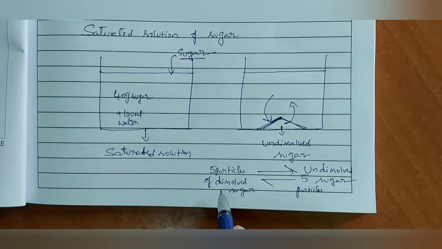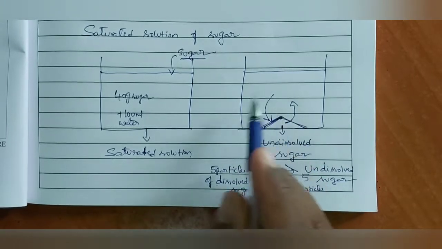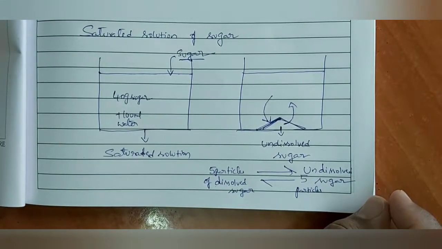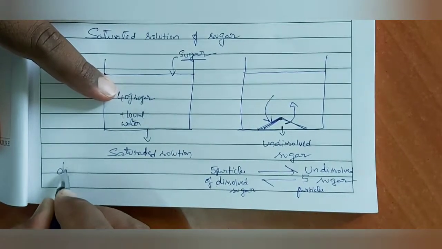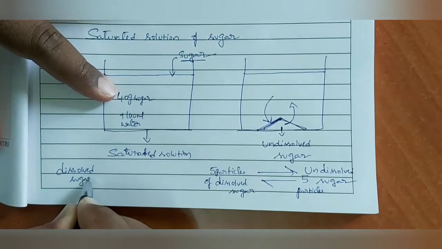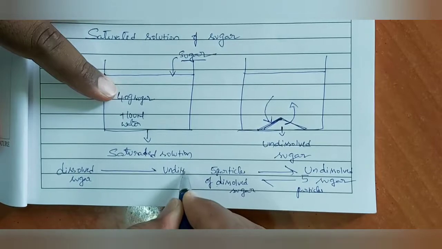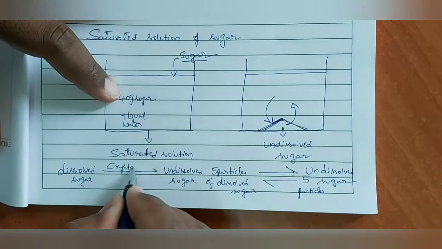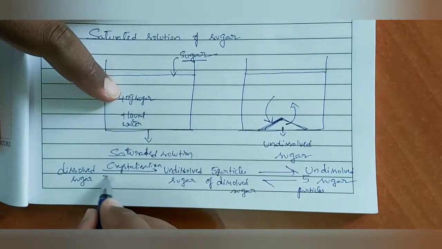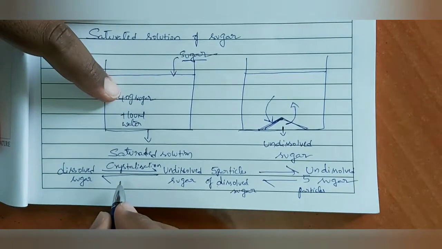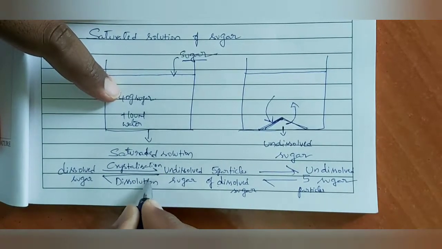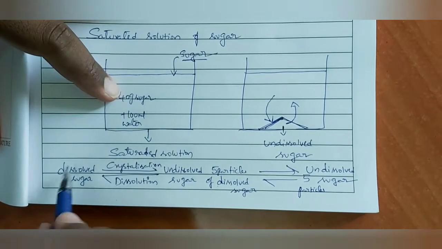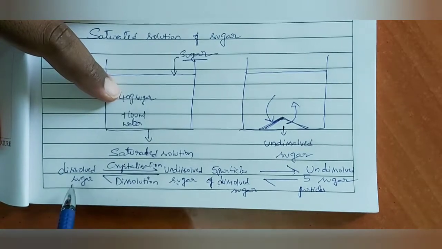Both the rate of crystallization and the rate of dissolution are the same at the time of equilibrium, which is called equilibrium. So undissolved sugar and dissolved sugar are said to be in equilibrium here.